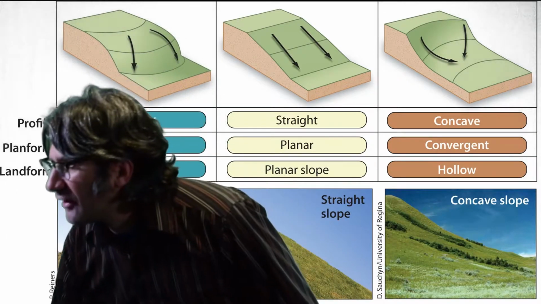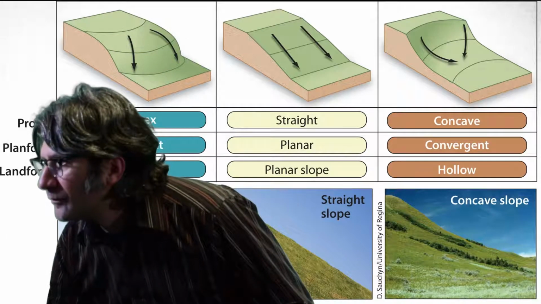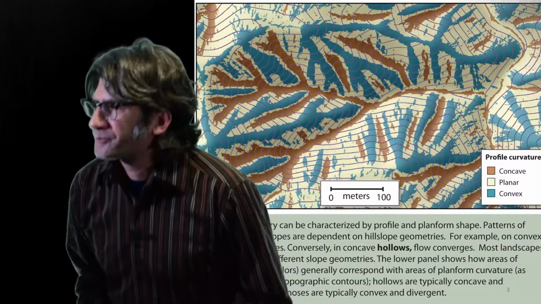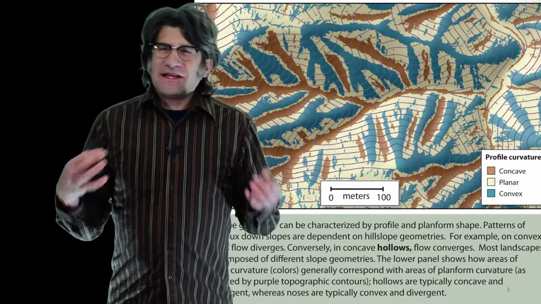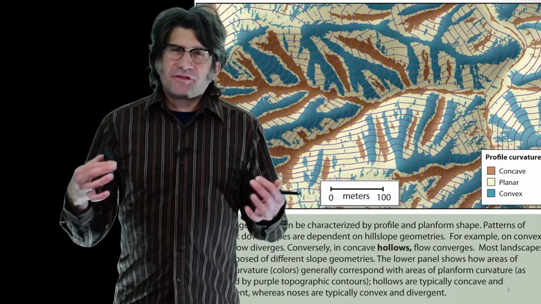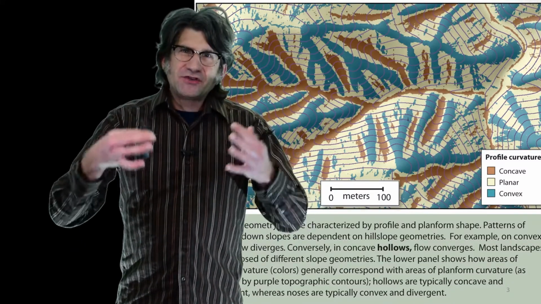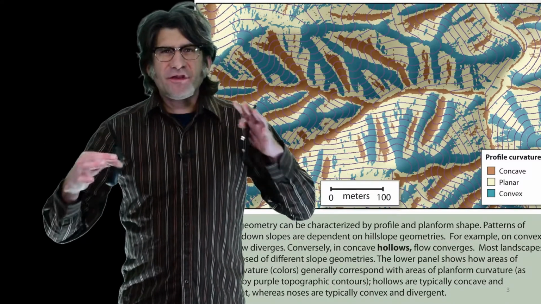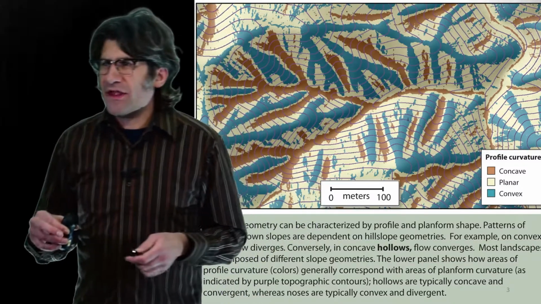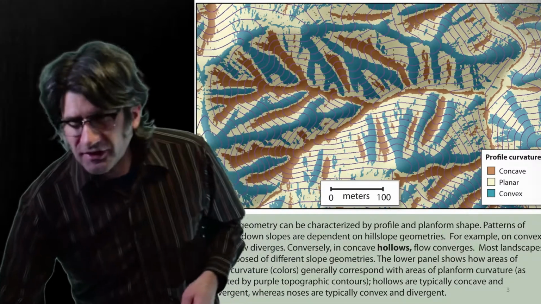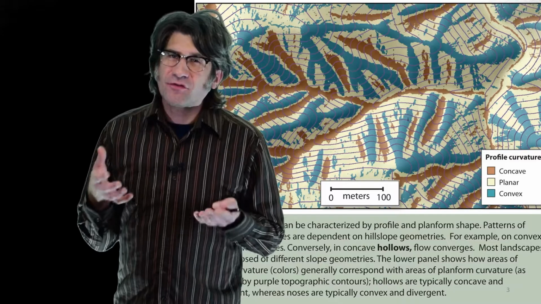Okay, so if we look at any given landscape, we realize that a drainage basin is going to have all of these different complex landforms within it. And that's going to determine the types of hill slope processes.